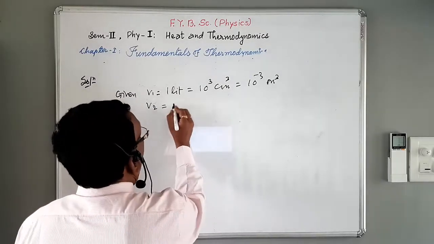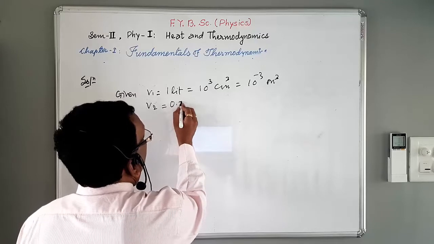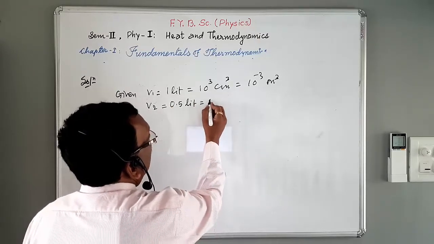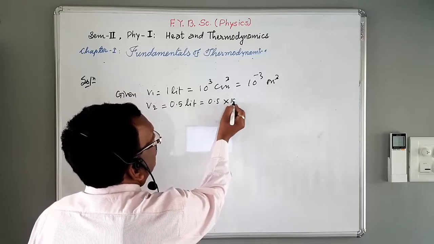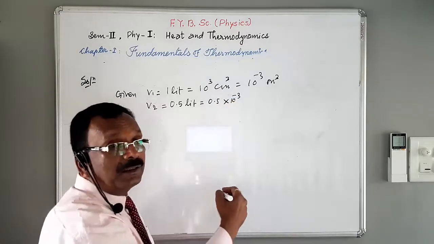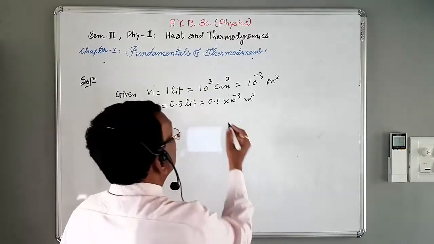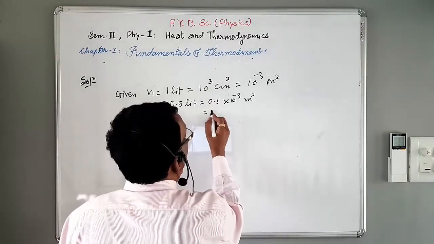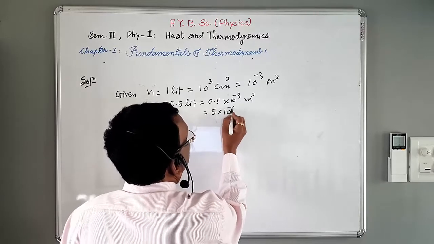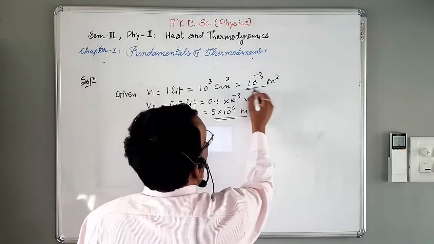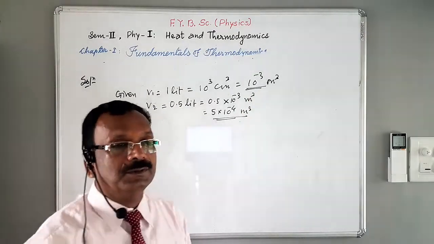So half of 1 liter is 0.5 liter, that is 0.5 into 10 raised to minus 3 cubic meter, or simply 5 into 10 raised to minus 4 cubic meter. This is the value of V1 and V2.